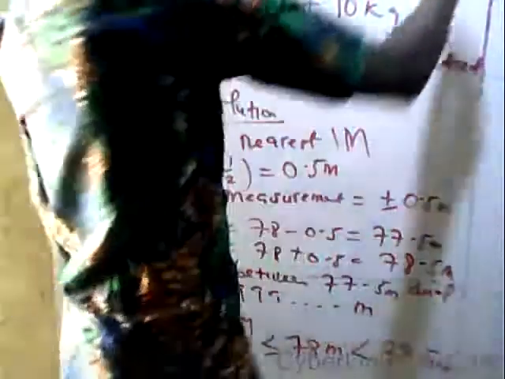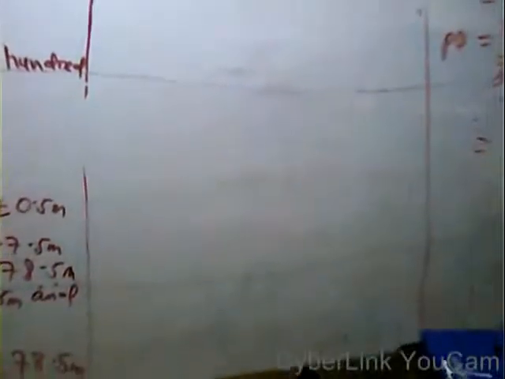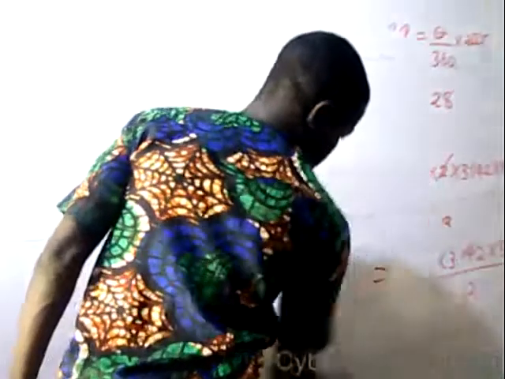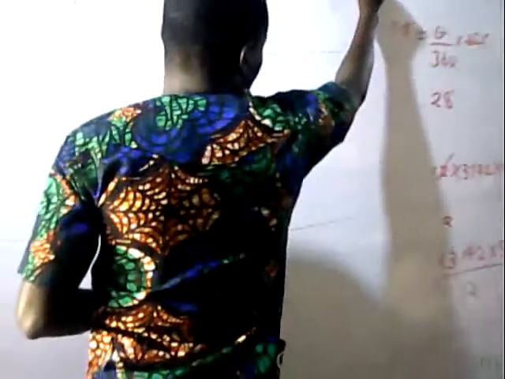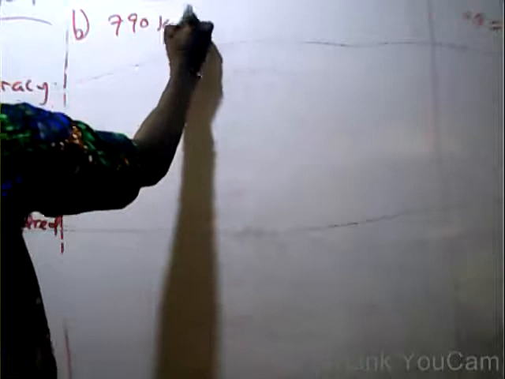That one which is B. Equation B. B now. What is in B? 790 kilogram to what?